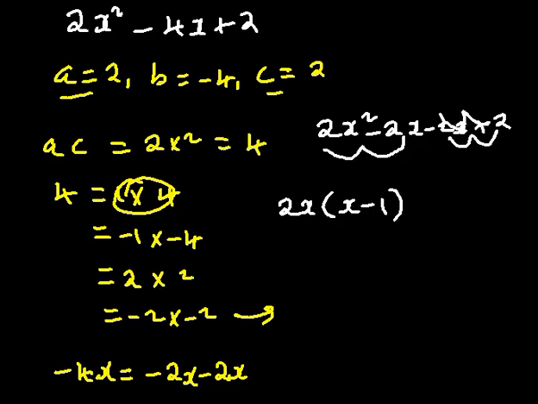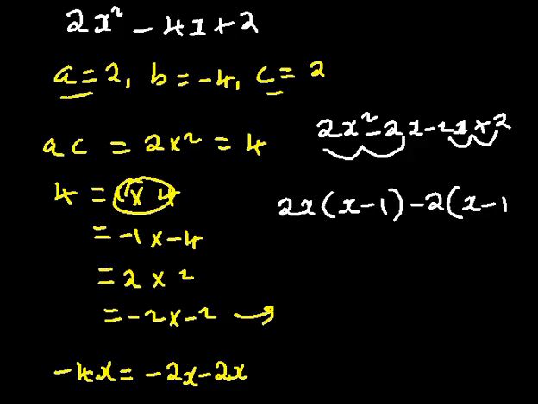And what is the common factor in the next pair? We have negative 2. Negative 2 into that one gives x, and negative 2 into positive 2 is negative 2, so we have negative 1.